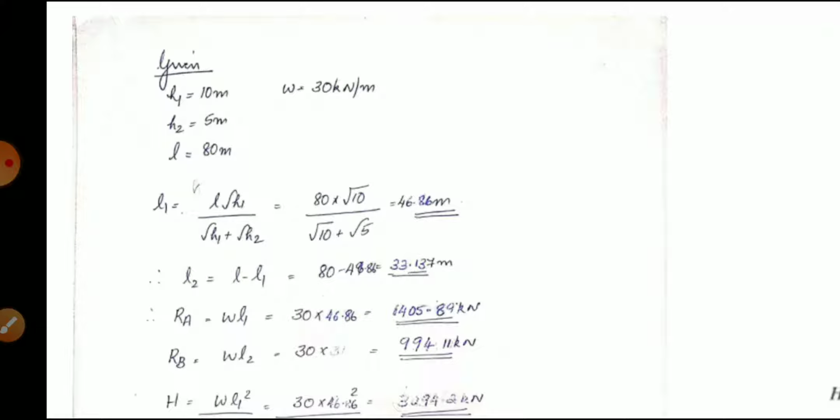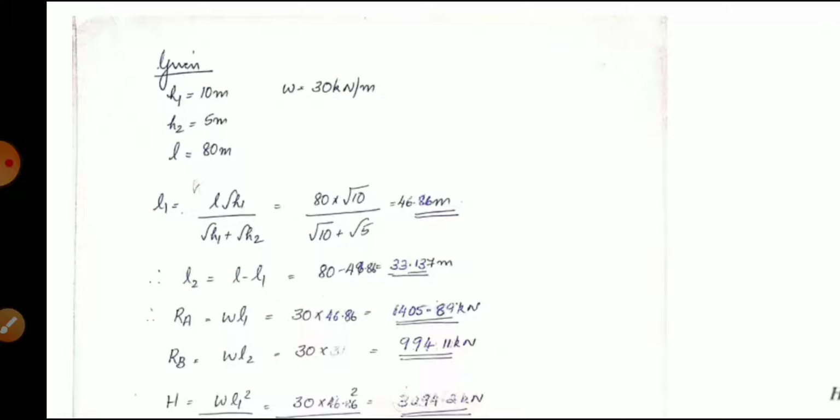And how can we find those distances? We know the formula again: L1 is equal to L into root of H1 divided by root of H1 plus root of H2. Substituting the values, you will get the distance L1 as 46.86. Now L2, either you can substitute the formula L into root H2 divided by root H1 plus root H2, or you know the total length is L and the distance to the left end is L1.